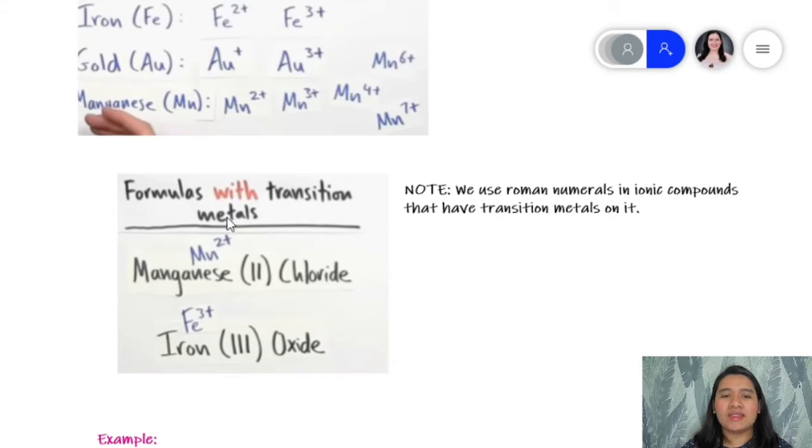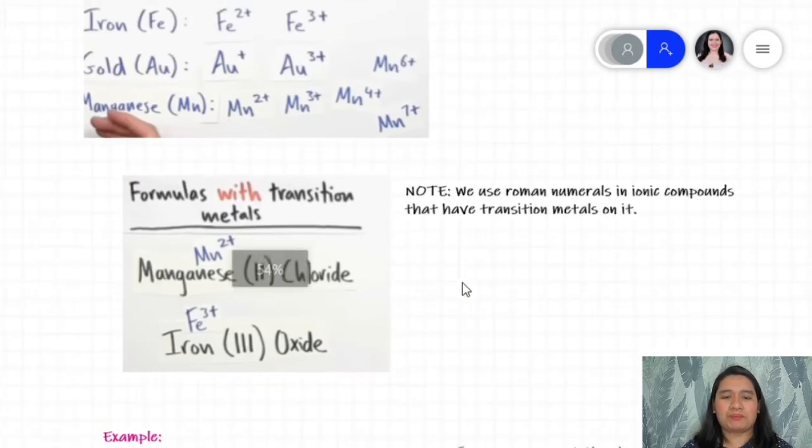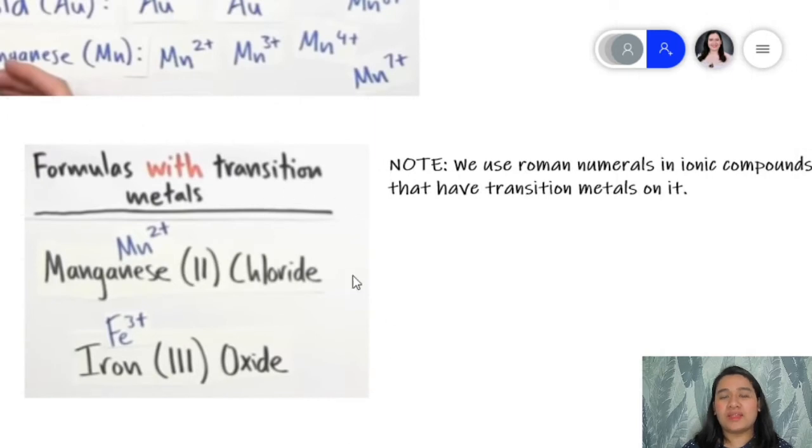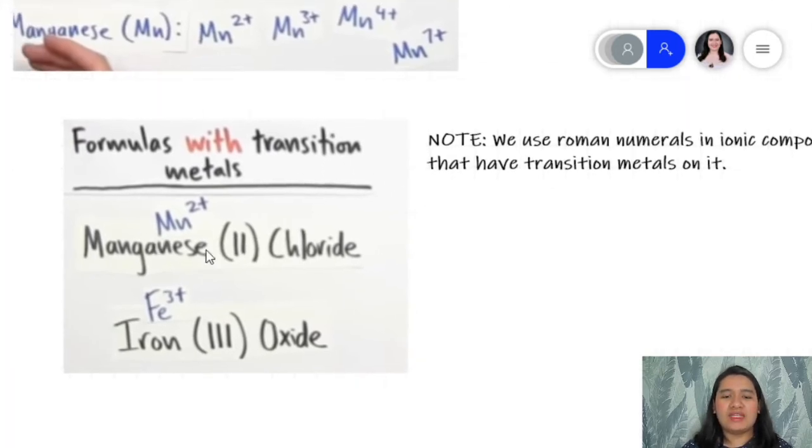Okay, so examples are these. Formulas with transition metals. Example, we have manganese, open parenthesis, Roman numeral 2, chloride. Iron 3 oxide.